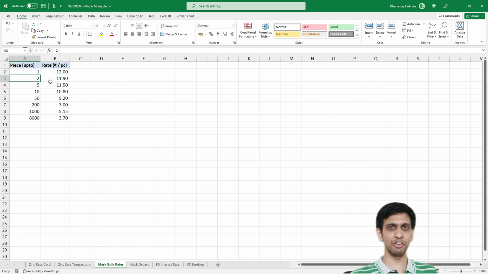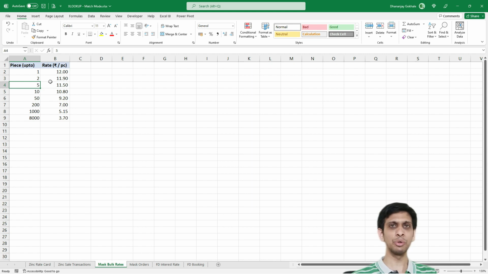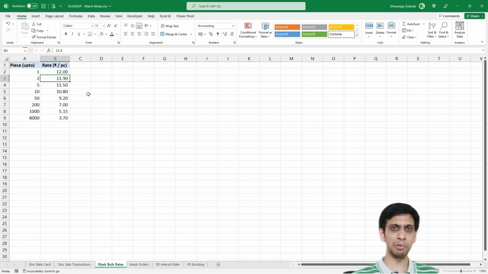If you ask for two masks, the rate would be 11.9 rupees per mask. The moment you ask for 3 masks, until 5 masks, the rate would be 11.5. So if you purchase 3 masks, the rate would not be 11.9. It would be 11.5, on the higher side.